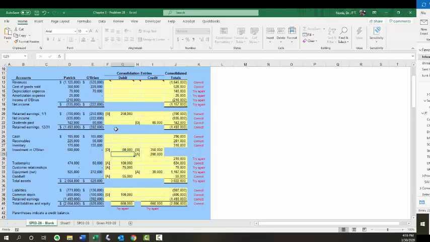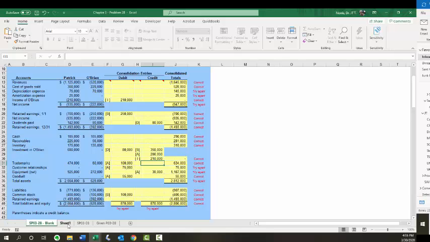So that gives us the I entry, which is income. We recorded 210,000, and that brings the investment account to 0.